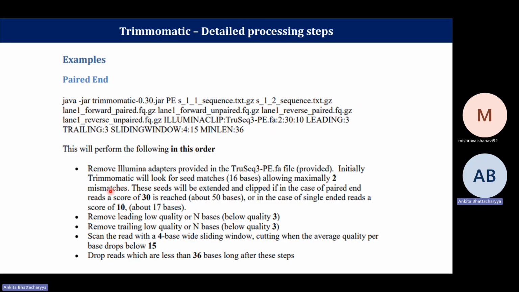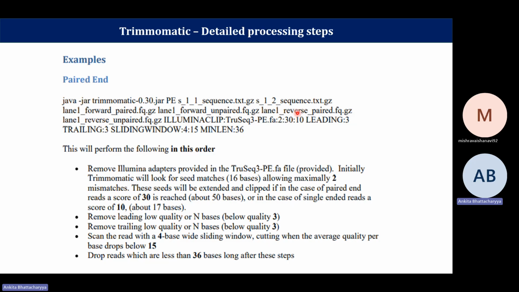If you remember, we had talked about seed matches of 16 bases, allowing a maximum of 2 mismatches. These seeds will be extended and clipped if, in the case of paired end reads, a score of 30 is reached, or in the case of single end reads, a score of 10 is reached.